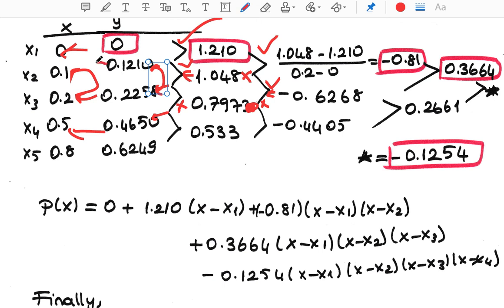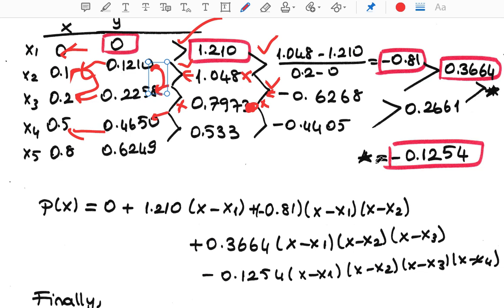Upward tells me I'm here, so I should use 0.1. So you are subtracting them from each other and dividing by 0.4. You will continue this process until you see just 1 point. So I will continue this process, okay?